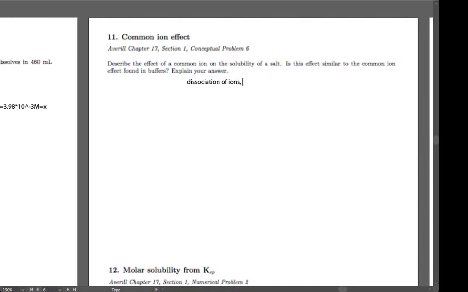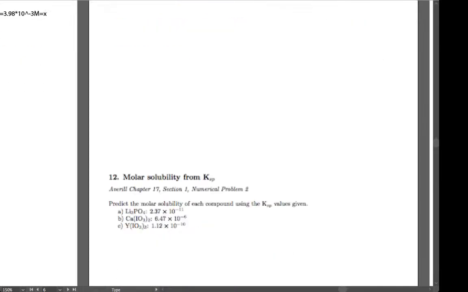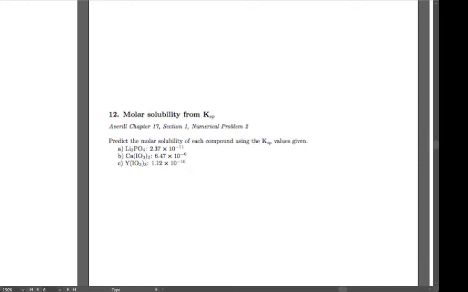I would say it's because of the conjugate being dissociated. And that's about my concept, but it doesn't mean that it's correct. So that's why I'm going to Google them later.